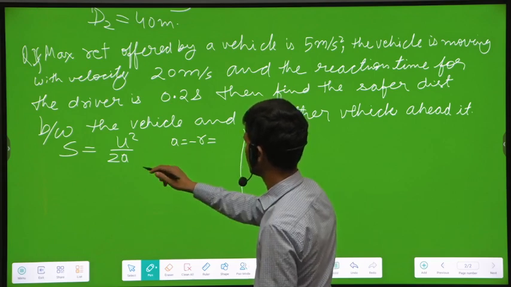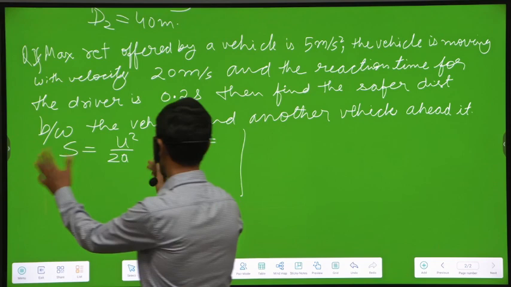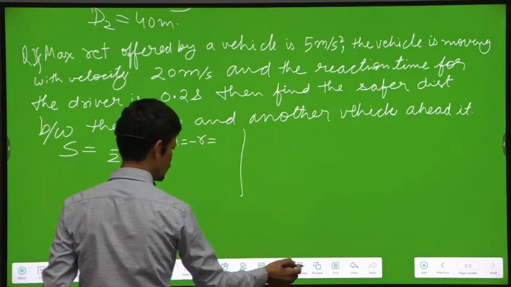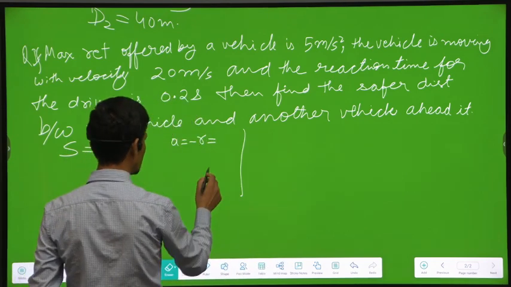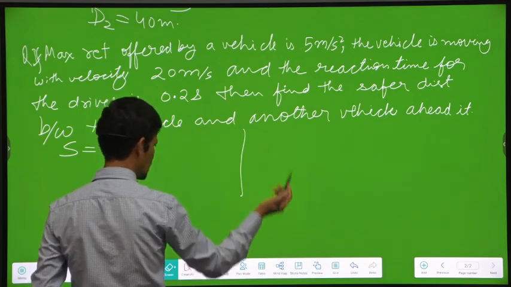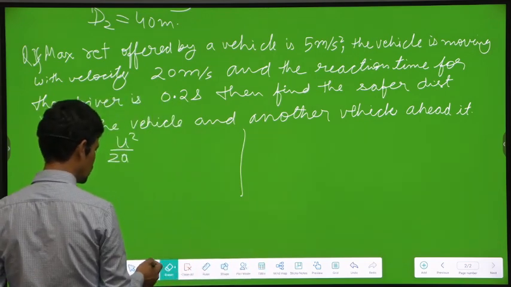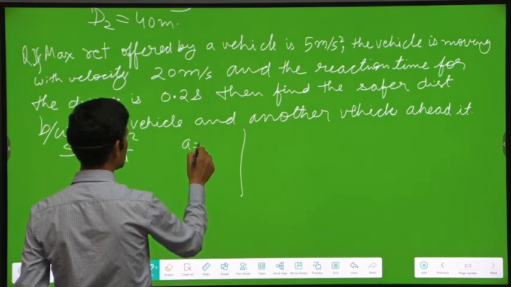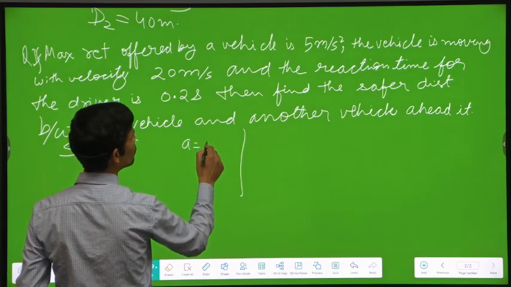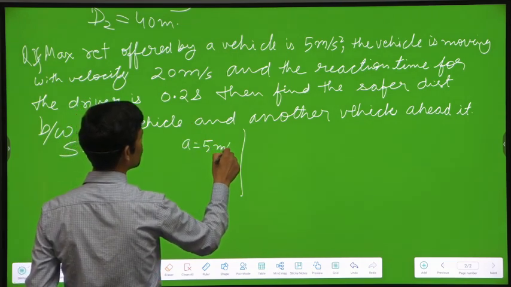Actually it is already calculated, because while we derived the formula we have taken care of that negative, so we are going to directly put this value, 5 meter per second square.